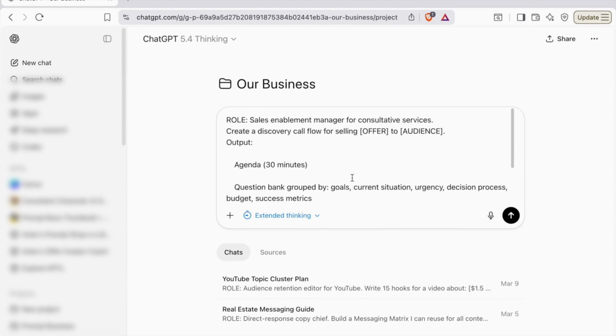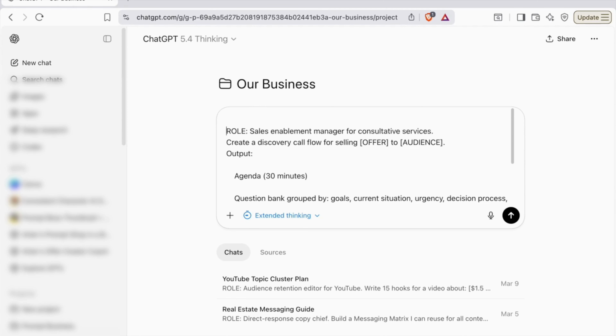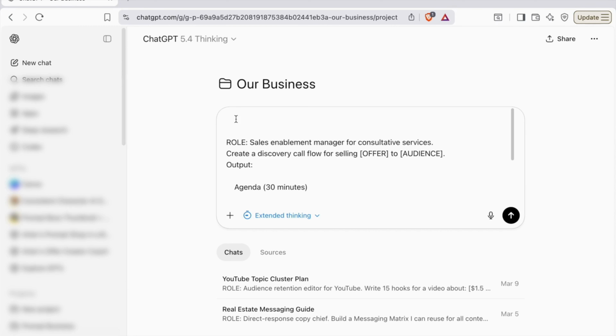Since I work with different businesses, there are different things saved into the memory here, so I'm going to give this some context. If you're on your own personal large language model, you may or may not need to do this, because if it's been saving your chats, it probably already has your context.